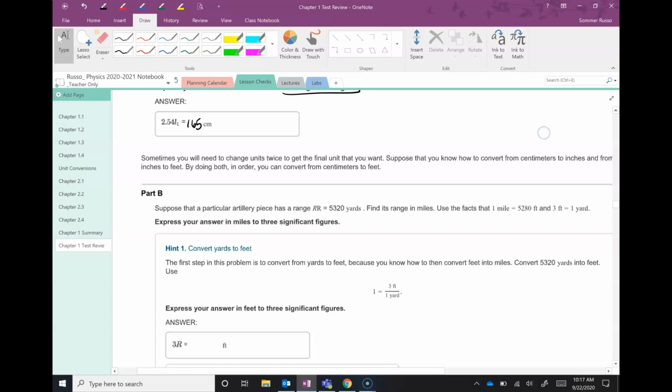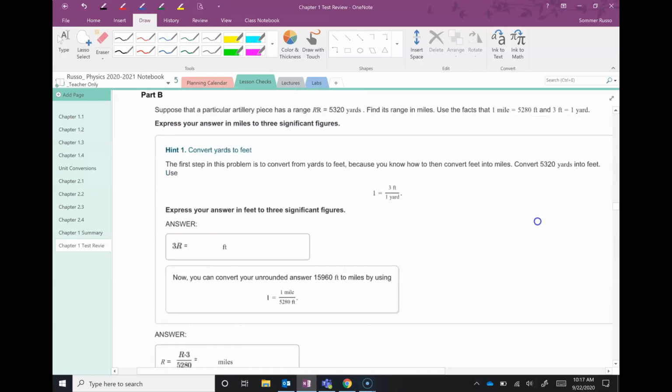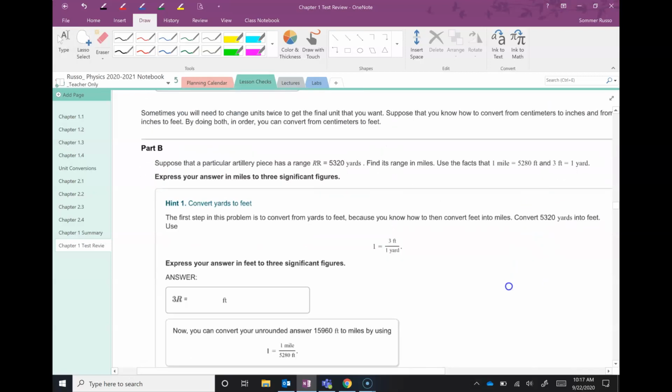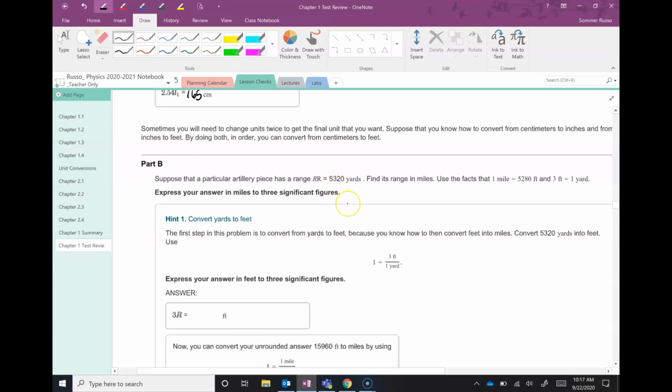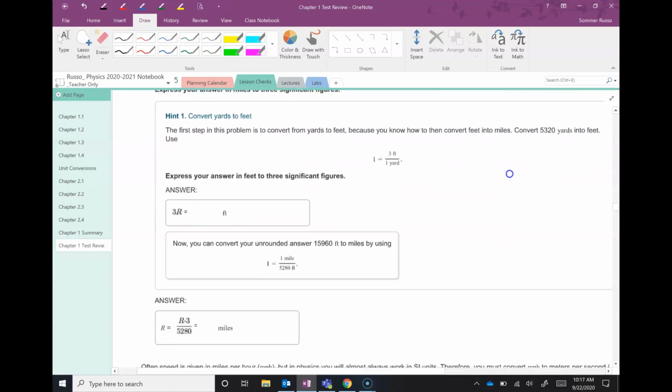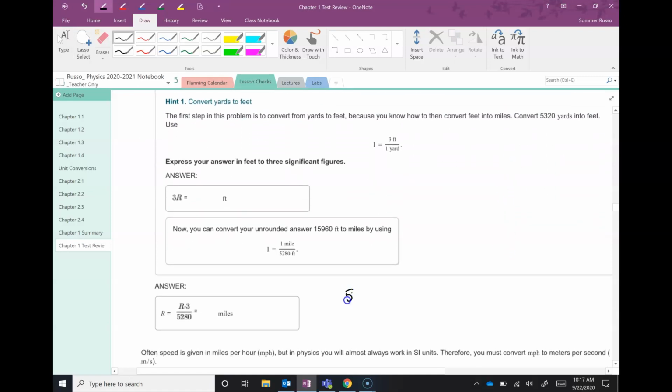All right, so then we talk about the fact that you may need to change a couple different times. So this gives us a hint. We are looking at yards, and we need to go to miles. So 5,320 yards, and we want to go to miles.